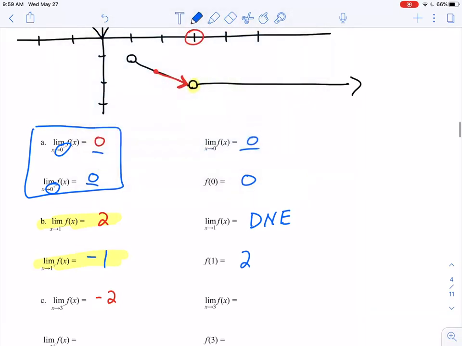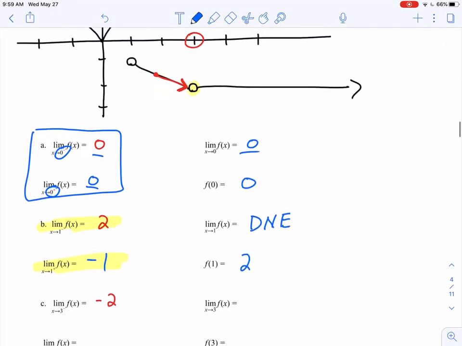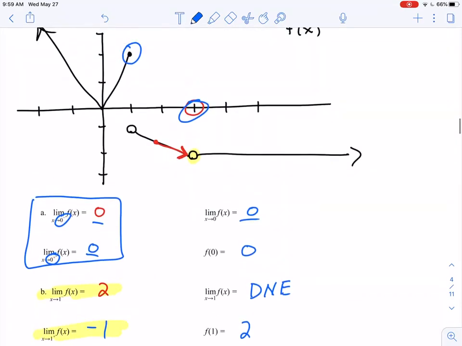Now the limit as x approaches 3 from the right-hand side. So here, again, here is x equals 3. Let's scroll back up here. Here's x equals 3. And here I'll start a little bit on the right-hand side of 3. And as I trace my function and get closer and closer to 3 from that right-hand side, well, it looks like it's pointed at that same point.